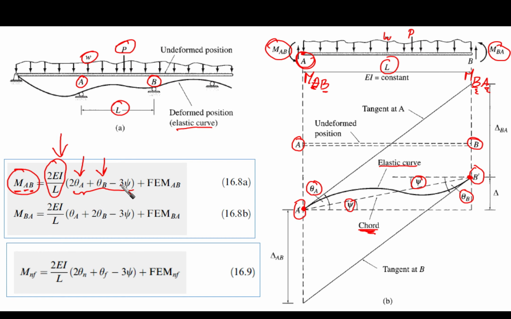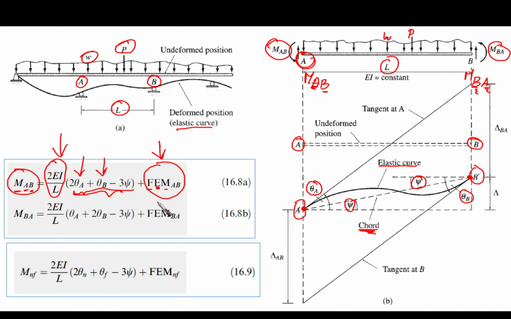So this is the contribution of the deformation of the elastic line of the beam itself, plus the contribution of what? Of the external loads. The contribution of the external loads is going to be indicated through the fixed end moment.